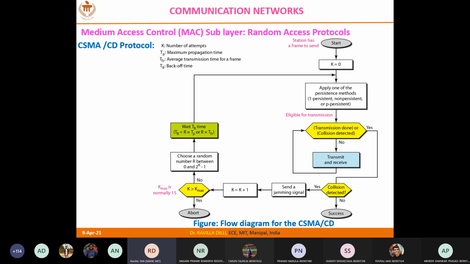Then you pick a random value between 0 and 2^k minus 1, multiply it with either the propagation delay or the frame transmission time, and wait for that much time before the next attempt. This is binary exponential backoff time, and it is a common story in all the protocols.